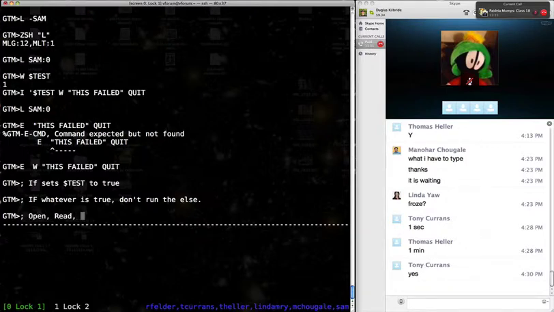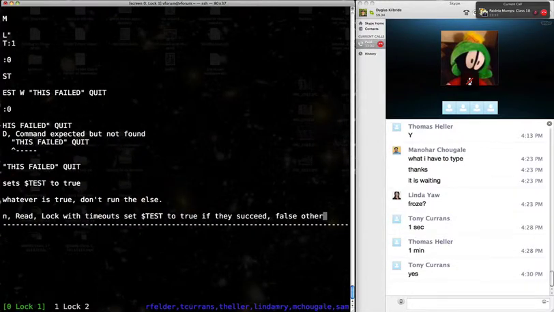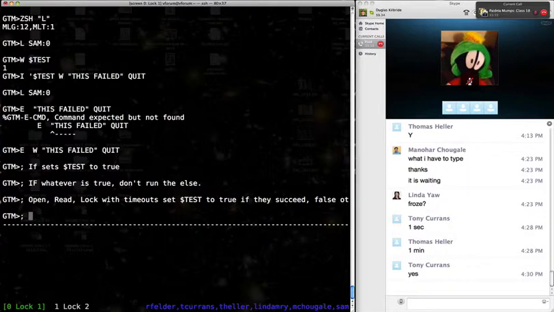Now, open, read, and lock with timeouts set $TEST to true if they succeed, false otherwise. Which means we can use else to detect if $TEST is false.